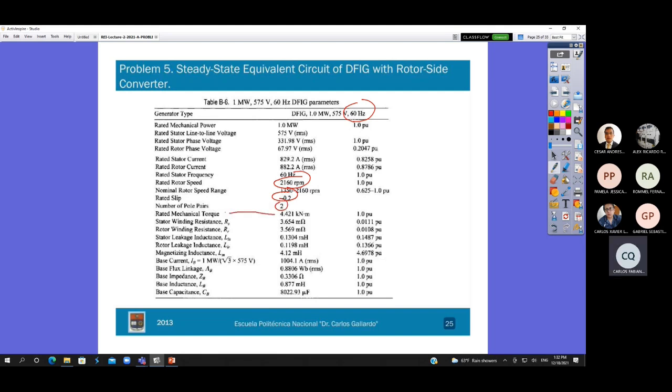This is the rated mechanical torque. With the torque, I am able to compute the power, right? This is the stator winding resistance and the rotor winding resistance for this generator. This is the stator leakage inductance and the rotor leakage inductance. So this is the data in order to compute the electromechanical torque and the mechanical power.